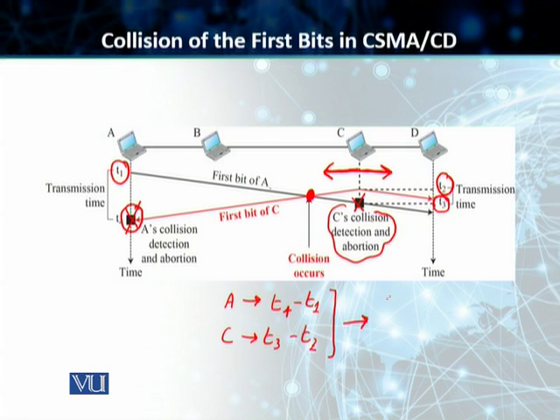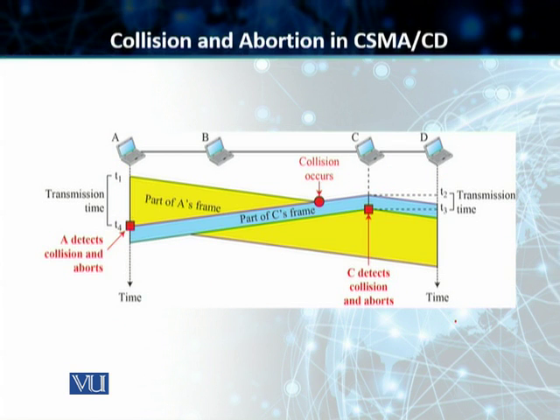So these are essentially the durations of the two transmissions: transmission from A and transmission from C. This is what we do, collision and abortion in CSMA CD. As you can see, A detects collision and aborts, and then C detects collision and aborts as well, and then we are showing the occurrence of collision as well.